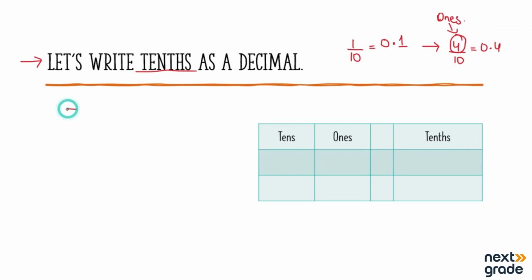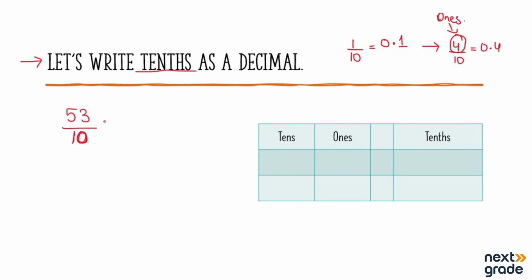If I have a number that is 53, and then I write over here in the form of fraction that is 53 over 10.